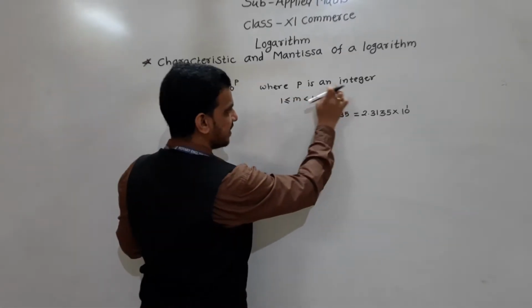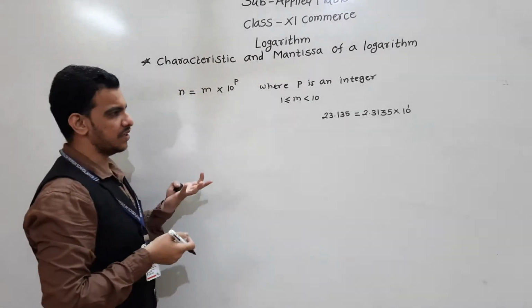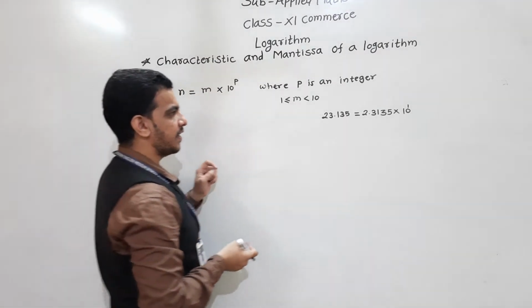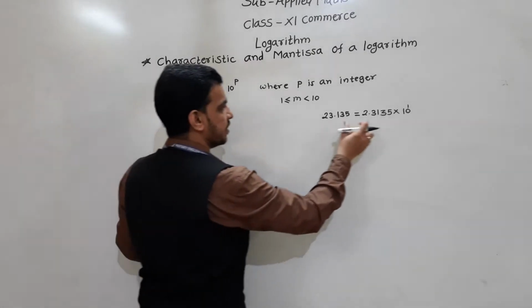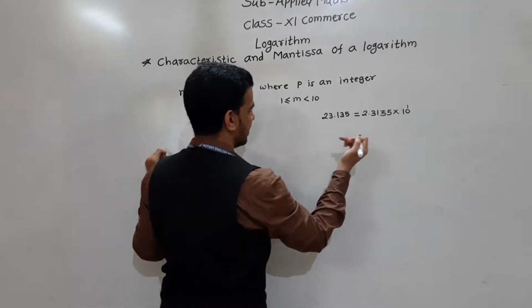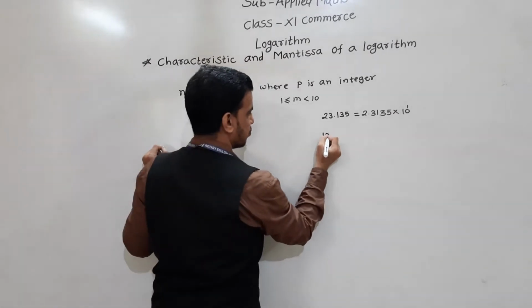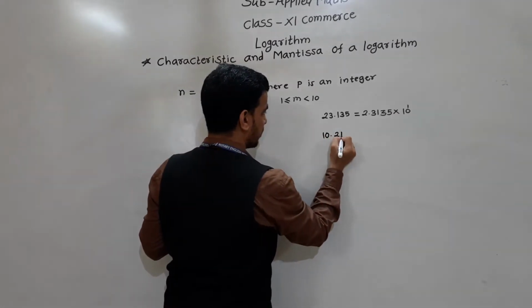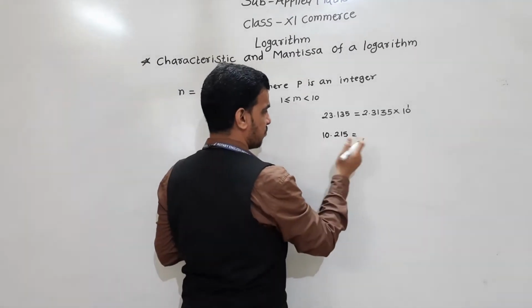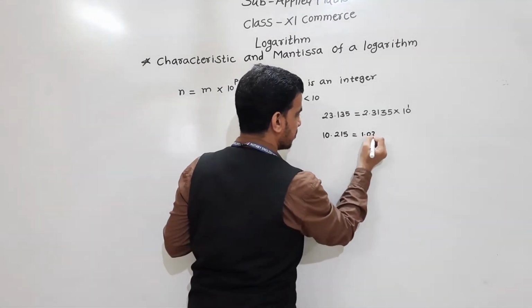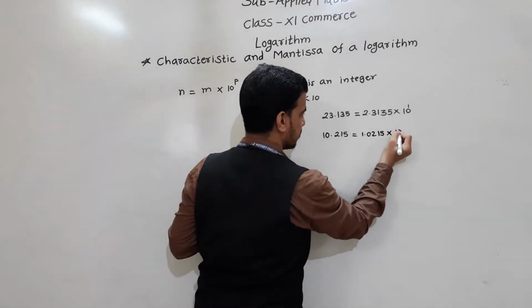So p is an integer, it can be negative, positive or 0, and m is a number between 1 and 10. It is less than 10, because suppose the number is 10.215, again we can write it in standard form of decimal as 1.0215 into 10 raised to 1.